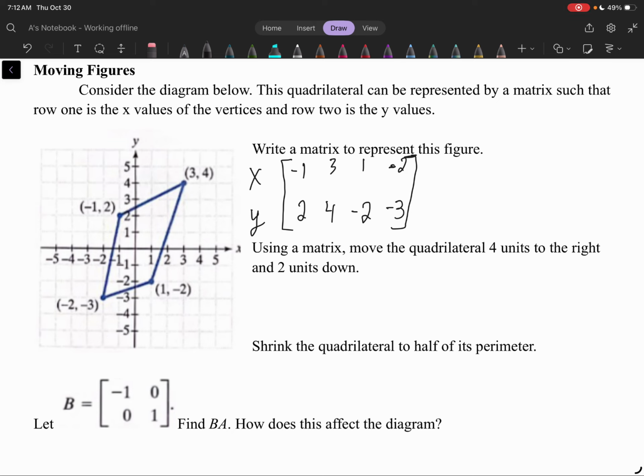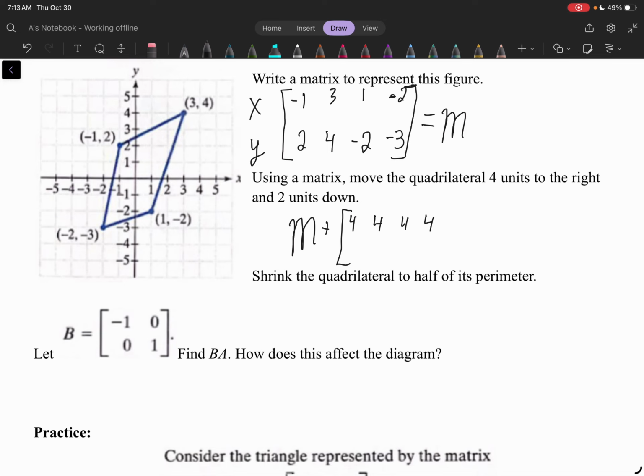If I wanted to move this 4 units to the right and 2 units down, I'm going to title this M just for a little bit of time saving. I would take my matrix M and I would add 4 units to the right, so 4 for all my x values, 2 units down, -2 for all the y values.